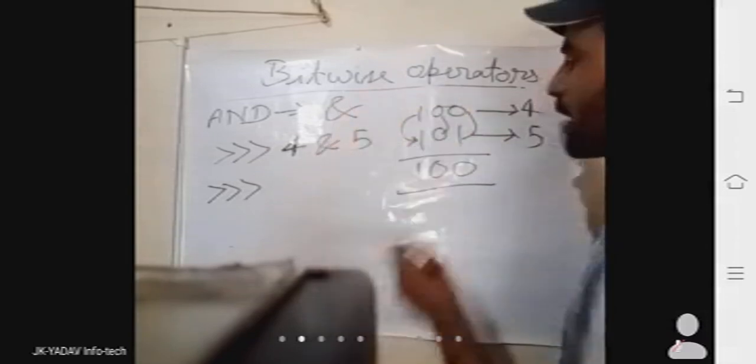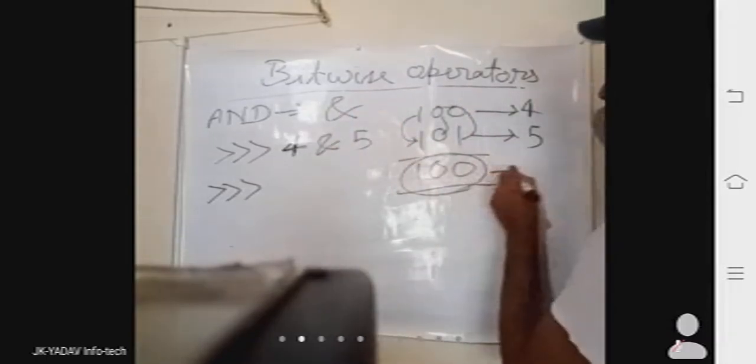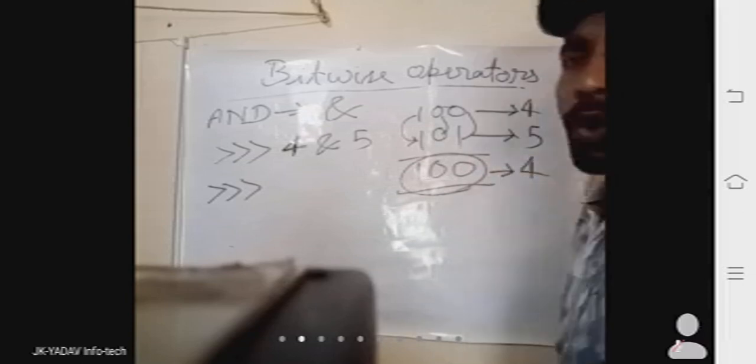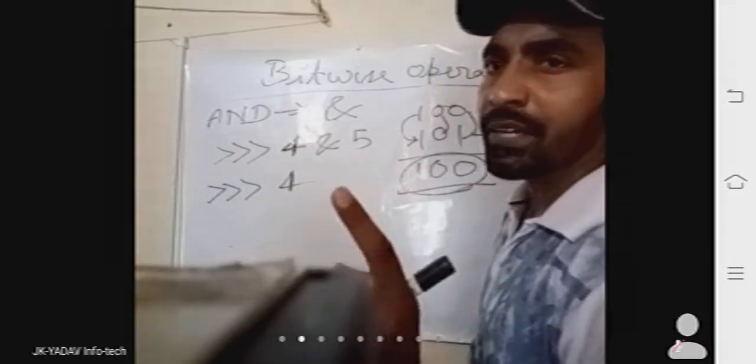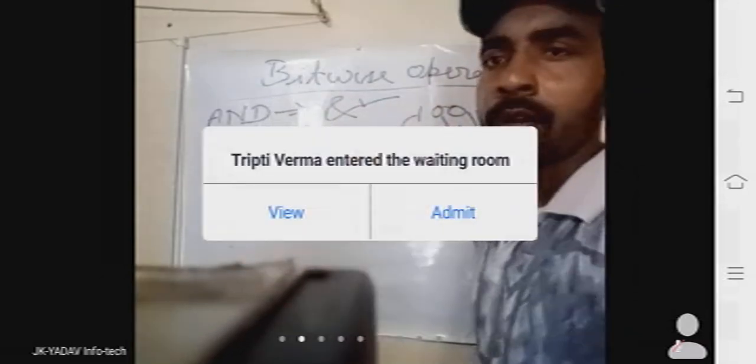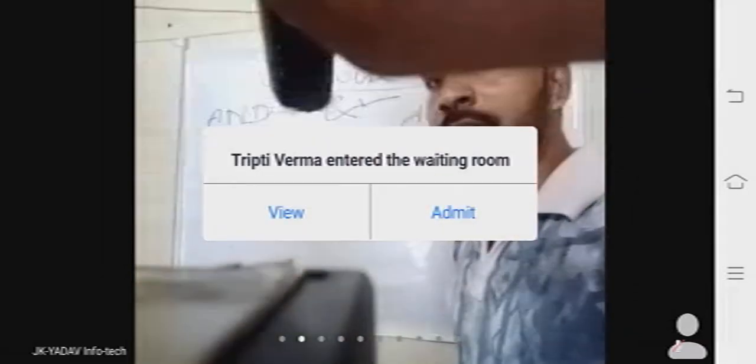That means what result you got? 100. 100 is the binary of 4. So in case of 4 and 5, you will get the result as 4. If you compare 4 and 5 with the help of the bitwise AND operator, then we get the result as 4.